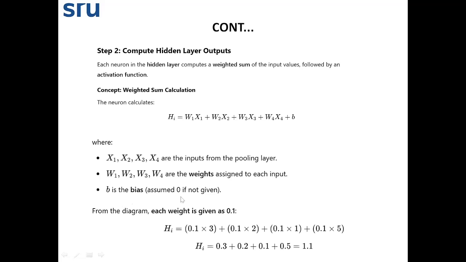B is the bias, assumed 0 if not given. In the diagram, each weight is given as 0.1. So we will calculate Hi in this way.